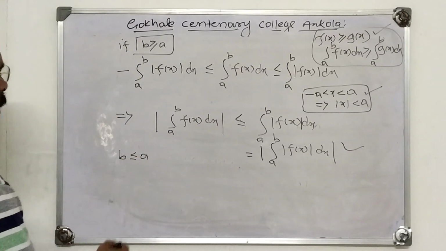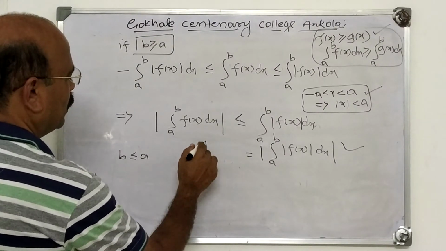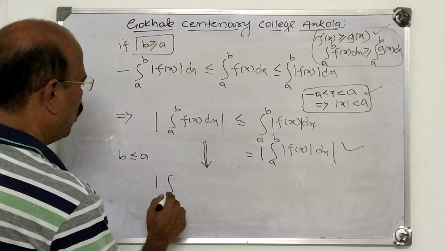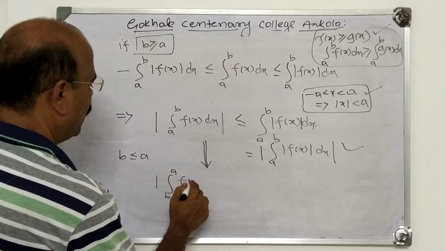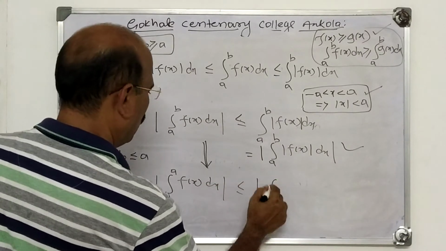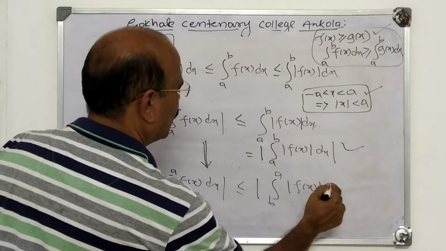Now suppose b is less than or equal to a. Equal to a, it is obvious. For b ≤ a, as proved here, the only thing is we interchange a and b. |integral b to a of f(x) dx| ≤ |integral b to a of |f(x)| dx|.